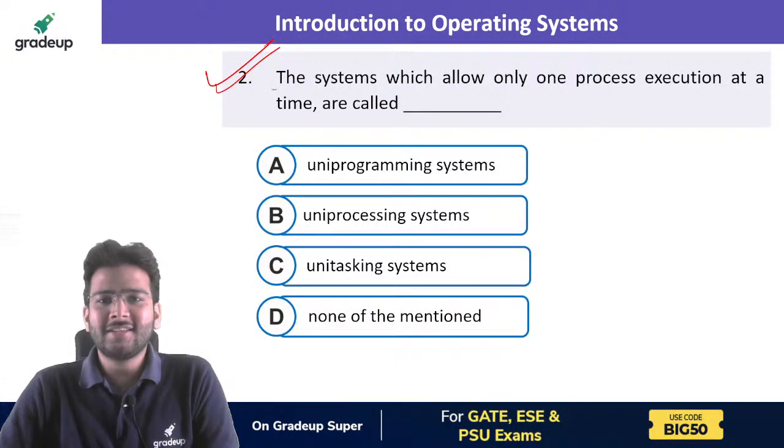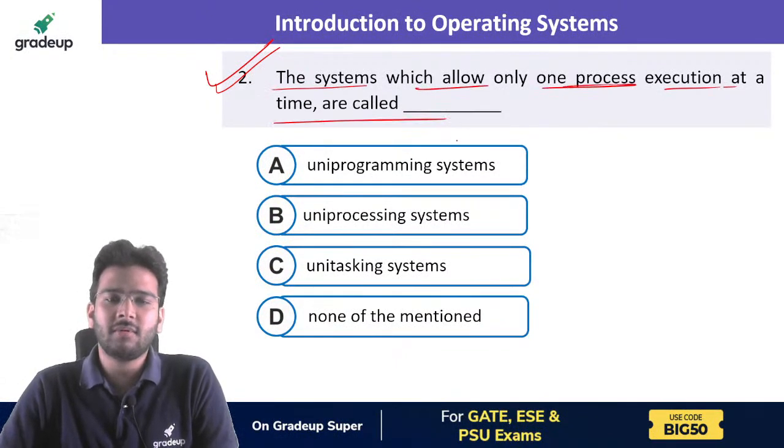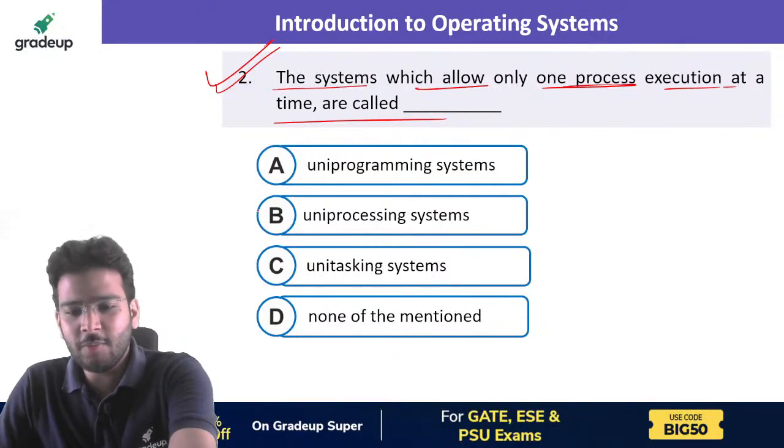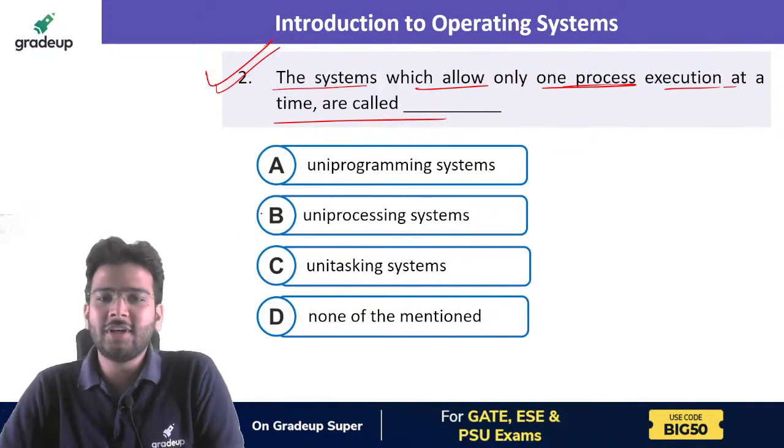The systems which allow only one process execution at a time are called uniprocessing systems. Okay, Raja has said option B. Nishat, option A, how can it be correct? It is uniprocessing. Maximum one process you can execute at a time.